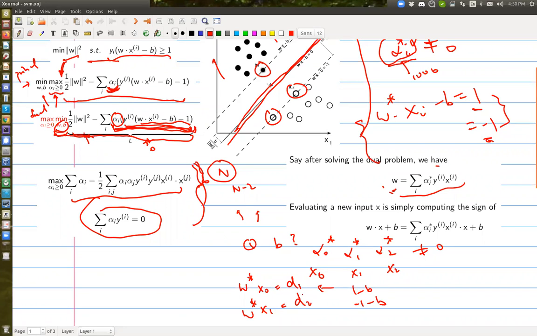But it can only be two values, because they can be either 1 minus b or -1 minus b. So if I take the support vectors and compute this, it can only take two values. It can be either D1 or D2. One of them will be 1 minus b, the other will be -1 minus b.